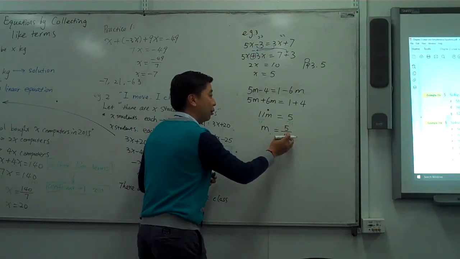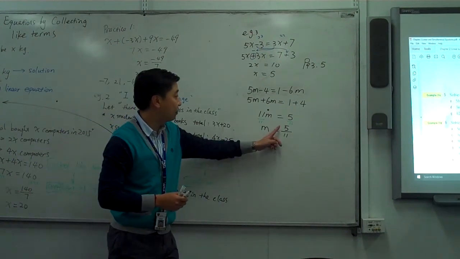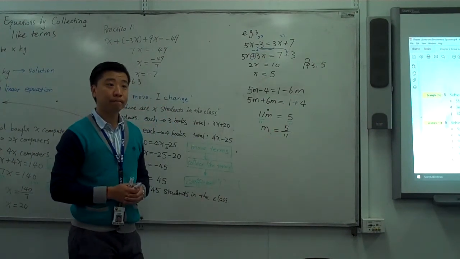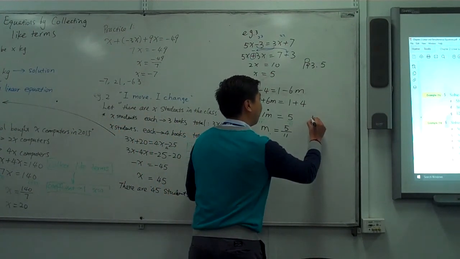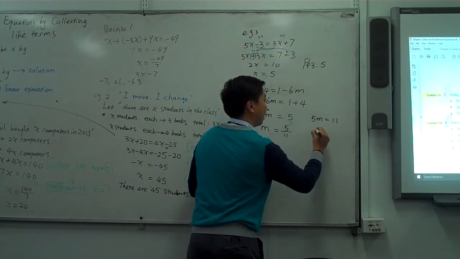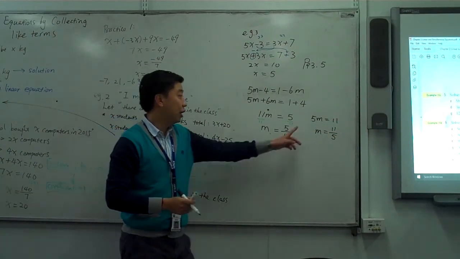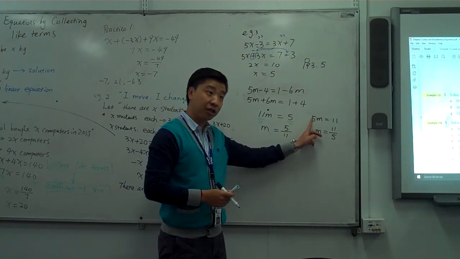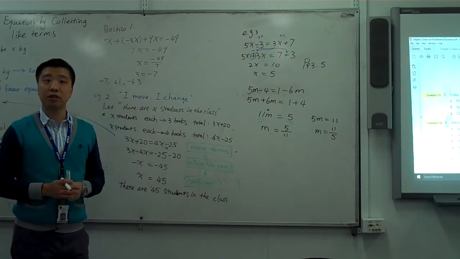And then here we have 11 as a denominator. That's why it is 5 over 11. If it is like this, 5m equals 11, m equals 11 over 5. We need to divide by the coefficient on both sides, to make that 1.